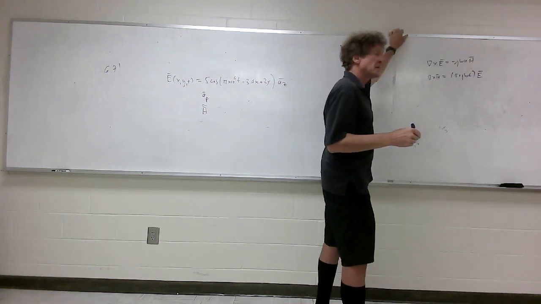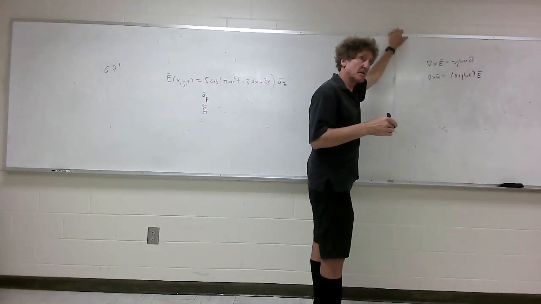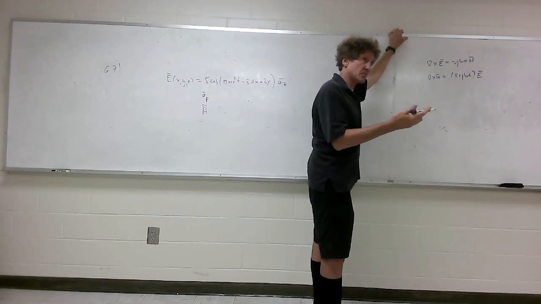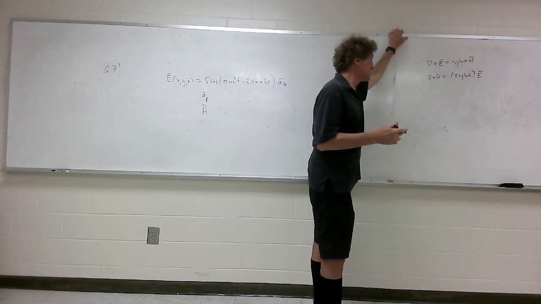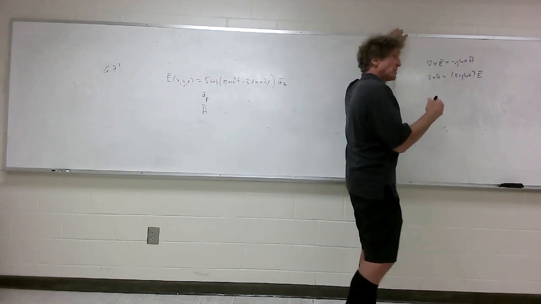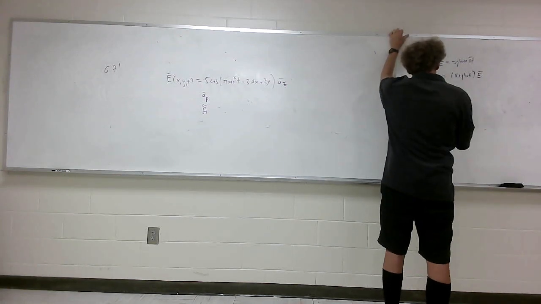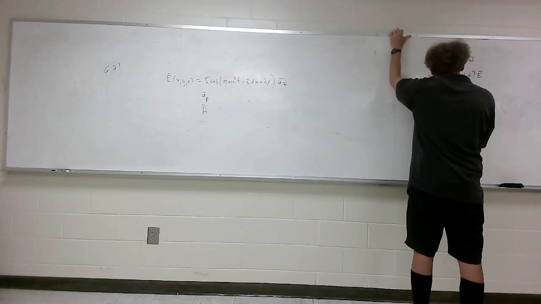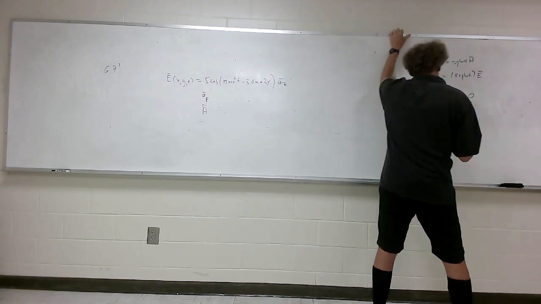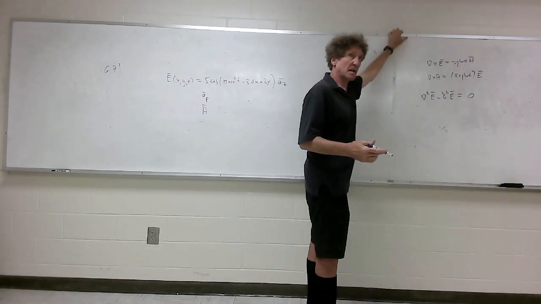Those are the two in the phasor form that I got from the relationships between D and E, H and B, and J and E. Then when you take a curl of E and break it down, you end up with del squared of E minus gamma squared E equals 0. I'm abbreviating everything. We did this last time.